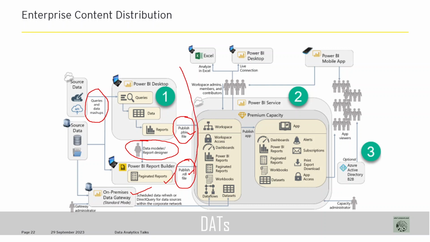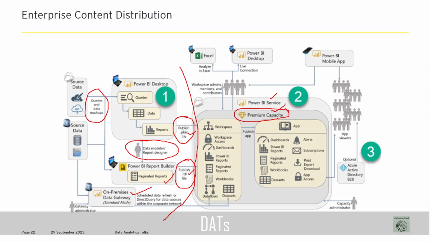Then once the development is complete, it will be published to Power BI service with premium capacity. Not that premium capacity. Again, it is going to save the costs. And we have workspaces.